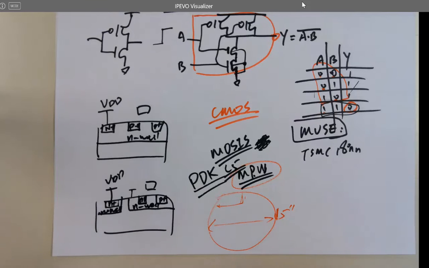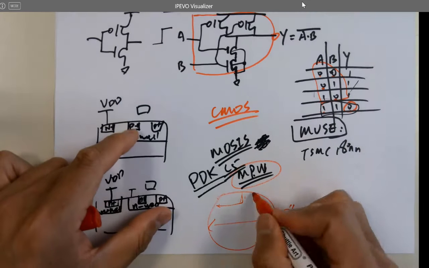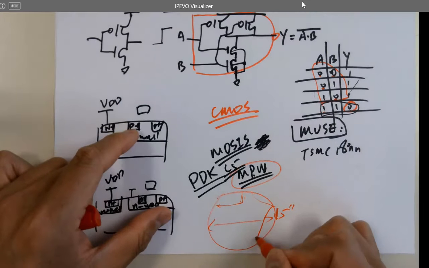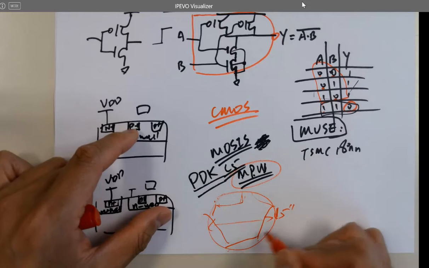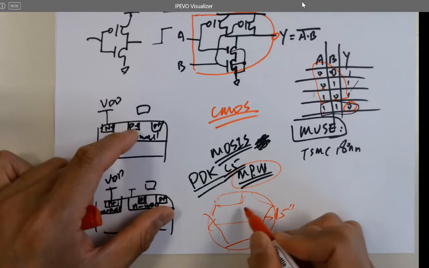Why are the wafers always round? They're spin coated, right? If it's not a circle, then it's going to oscillate on the spin coater, I guess. Have you spin coated? Yeah, you have. So the chips in these edge areas are the most faulty ones. The yield here is low, yield here is high.